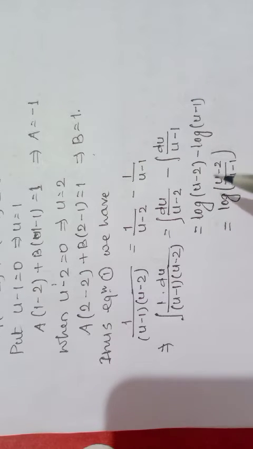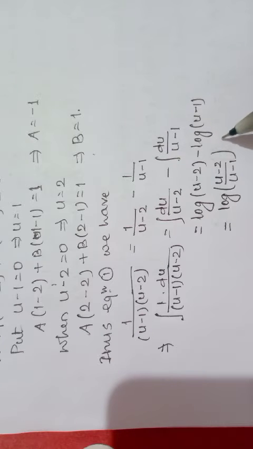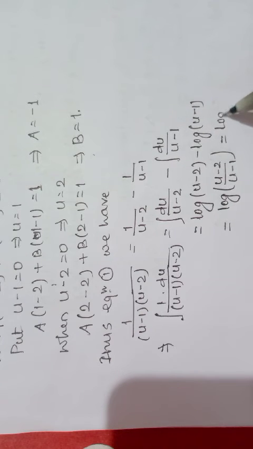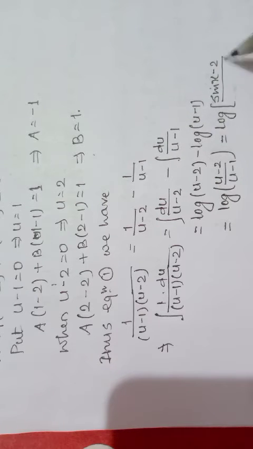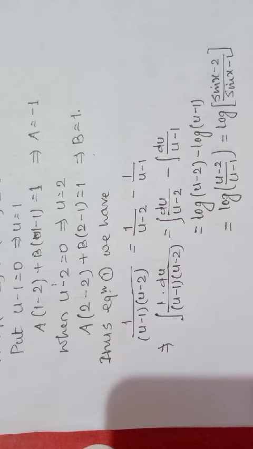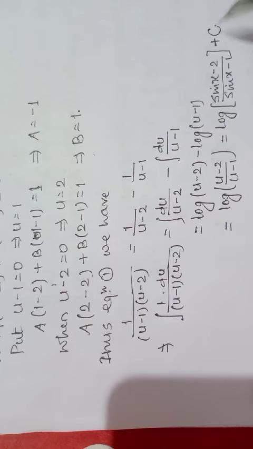We have considered u as sin x. So it should be log|(sin x minus 2) upon (sin x minus 1)|. This is our answer step. So put c here, that is the integral constant c.